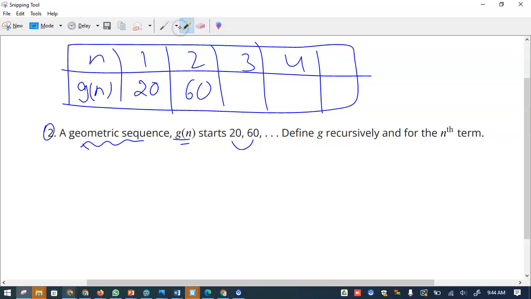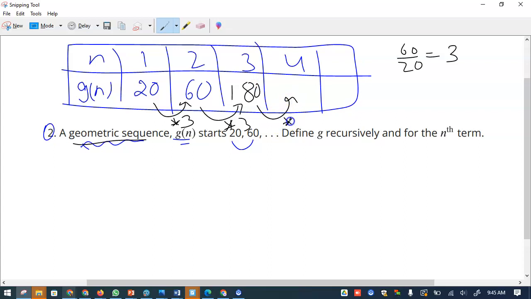What you see is, because it is a geometric sequence, we need to know what is 60 divided by 20. If you take the common ratio, that's going to be 3. So you just have to multiply by 3. Then each time you go on multiplying by 3 and you get 60, 180, and you again multiply by 3, you get 540, and so on.